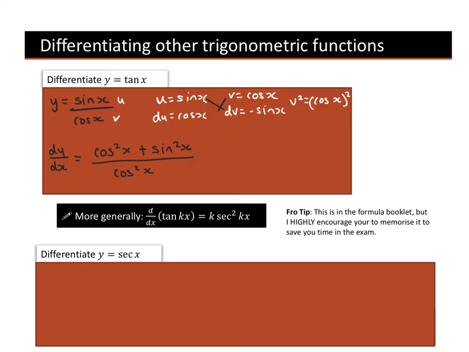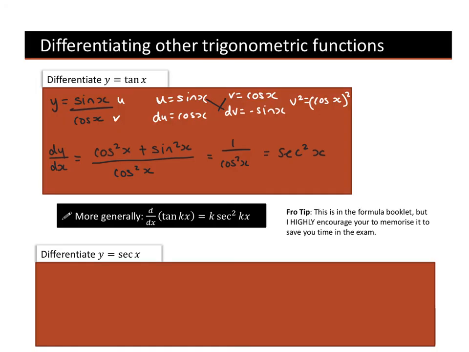Okay? So, what am I going to have here? Sine squared plus cos squared equals 1. So I'm going to get 1 over cos squared x. Okay? 1 over cos squared x, we actually know, is sec squared x. Done. Absolutely amazing.